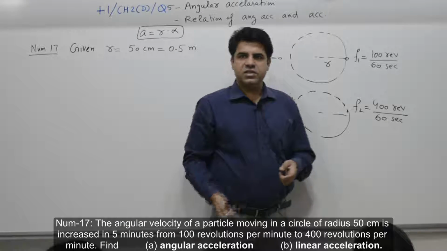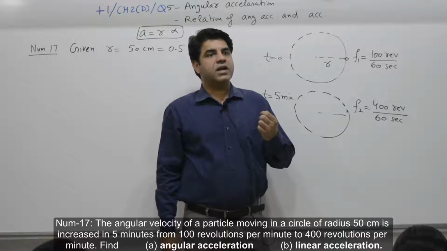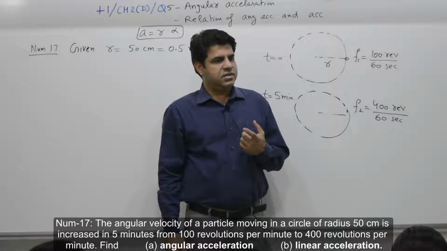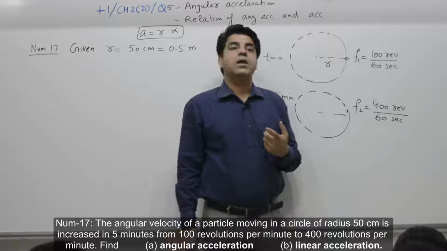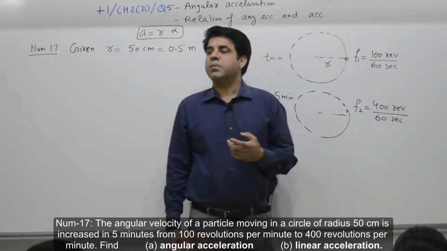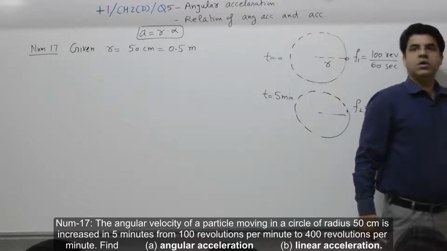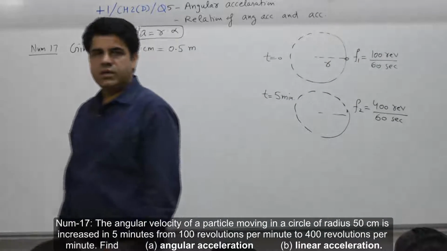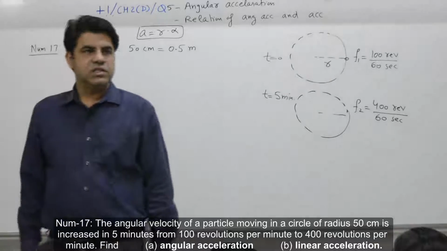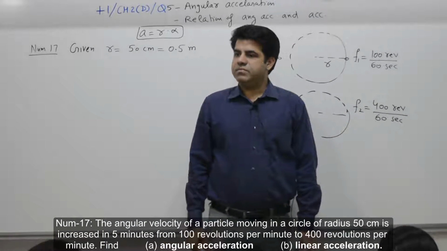This is a case of a fan regulator. At number 1 it is 100 rotations per minute, say RPM, and you change it to 4, now it is 400 RPM.